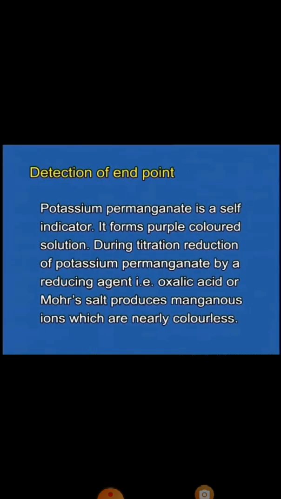Detection of endpoint. Potassium permanganate is a self-indicator. It forms a purple colored solution. During titration, reduction of potassium permanganate by a reducing agent like oxalic acid or Mohr's salt produces manganese ions, which are nearly colorless.